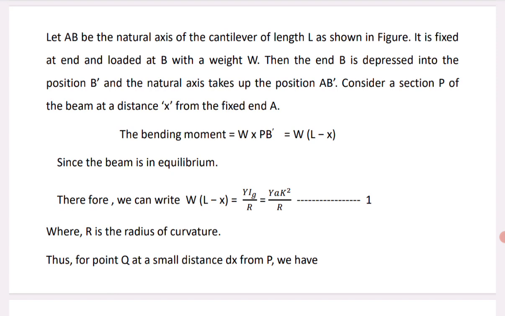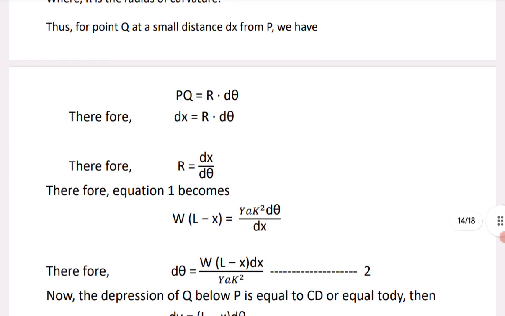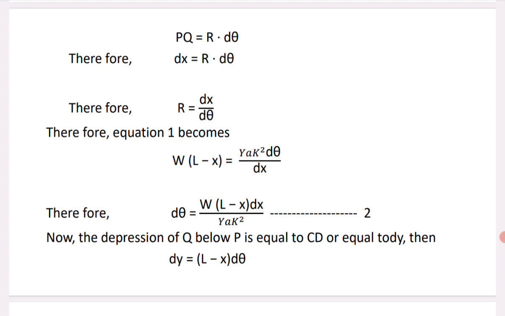Then for the point Q, which is at a distance dx from point P, we have PQ is equal to R into d theta. From the relation between the arc, radius and angle subtended, PQ is equal to R d theta. Similarly, dx is equal to R d theta. Therefore, R is equal to dx by d theta.